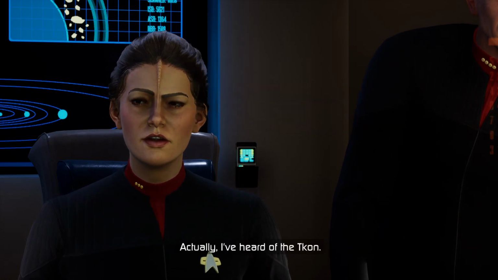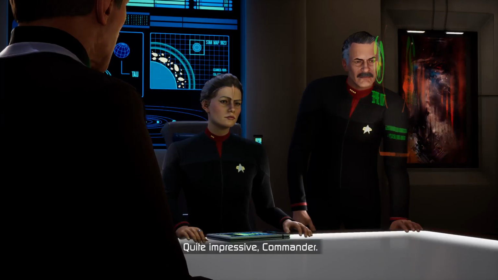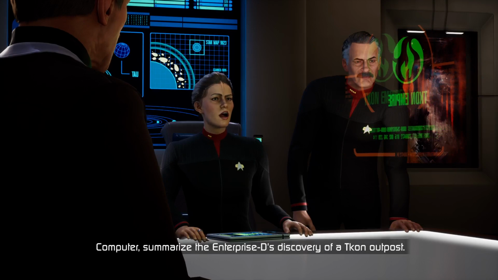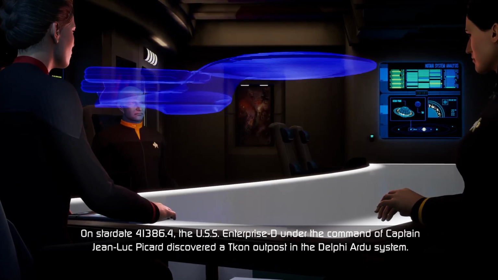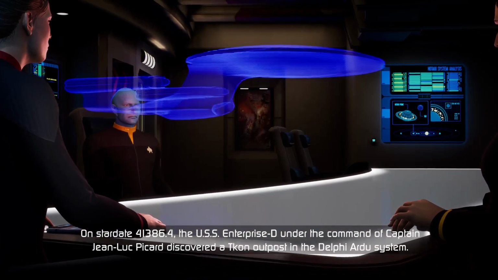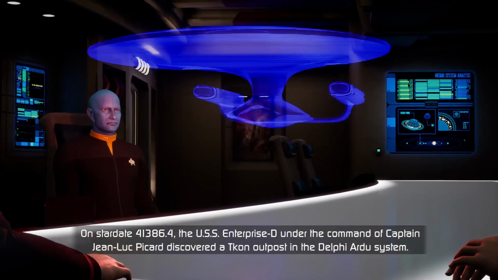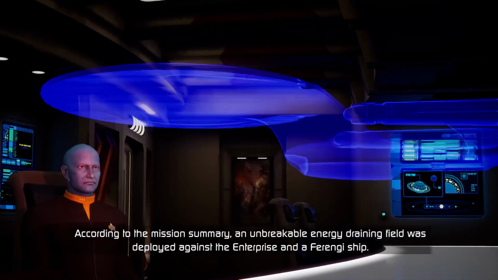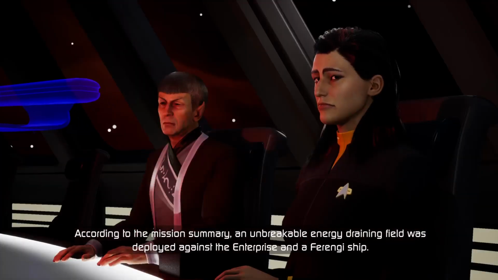Actually, I've heard of its Khan. You have? Quite impressive, Commander. Computer, summarize the Enterprise D's discovery of a Titan outpost. On Stardate 41386.4, the USS Enterprise D, under the command of Captain Jean-Luc Picard, discovered a Titan outpost in the Delphi RD system. According to the mission summary, an unbreakable energy-draining field was deployed against the Enterprise and a Ferengi ship.